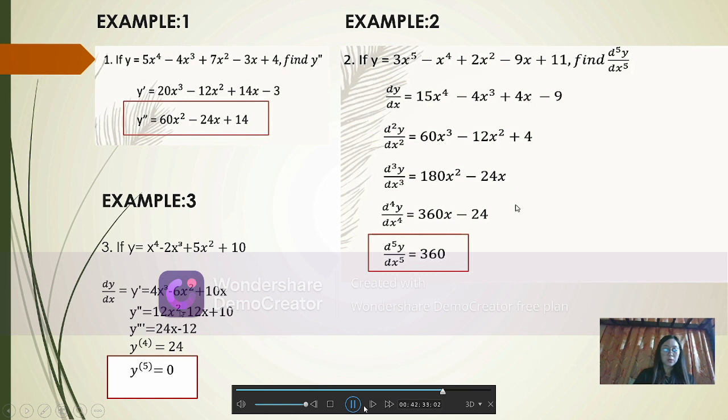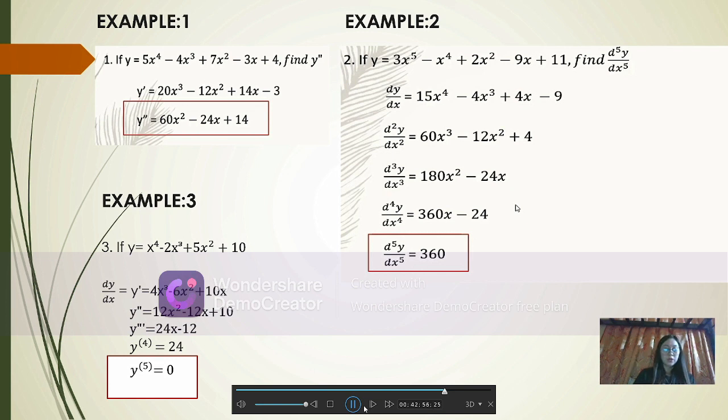So, dito naman, 6 times 2 is equal to 12. So, 12x na lang siya. Then, plus 10. Tanggalin na natin yung x. So, third derivative naman, magiging 24x minus 12. Dahil, pinag-times natin yung 12 sa 2. Magiging 24 siya.